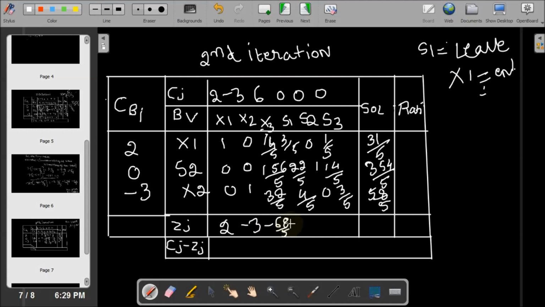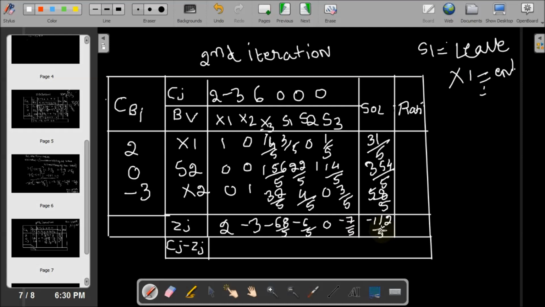Now minus 6 by 5. Directly I am writing, you please calculate. 0, minus 7 by 5. Directly I am writing, you should calculate it. Minus 7 by 5, and the solution minus 112 by 5.